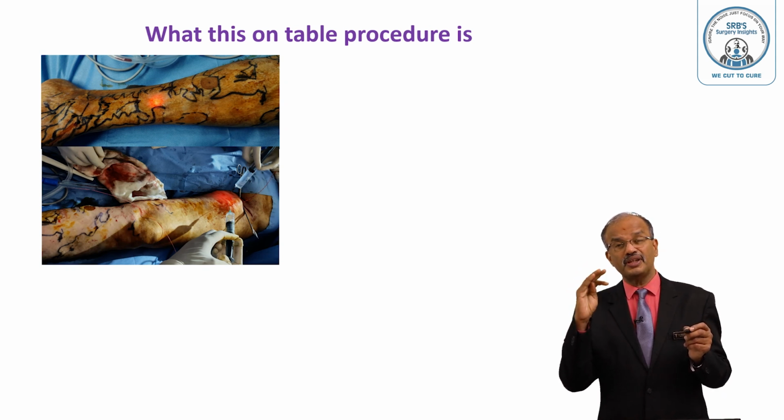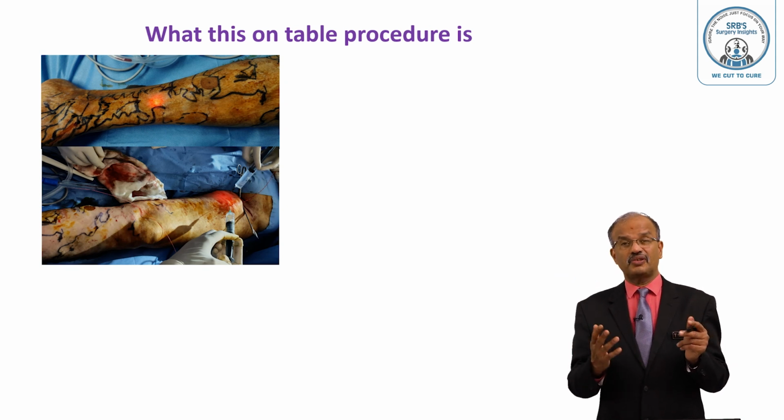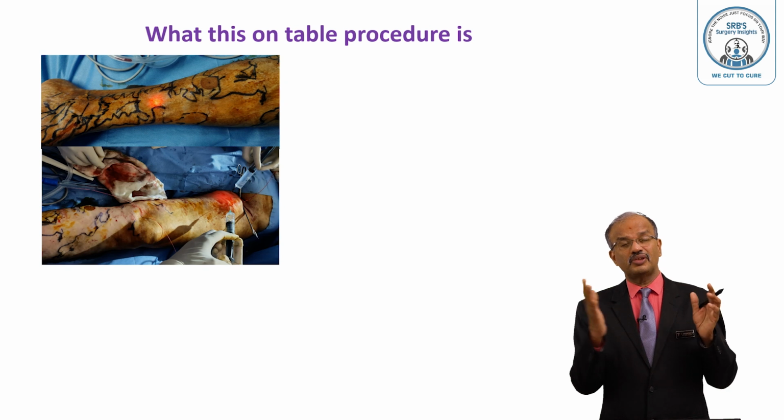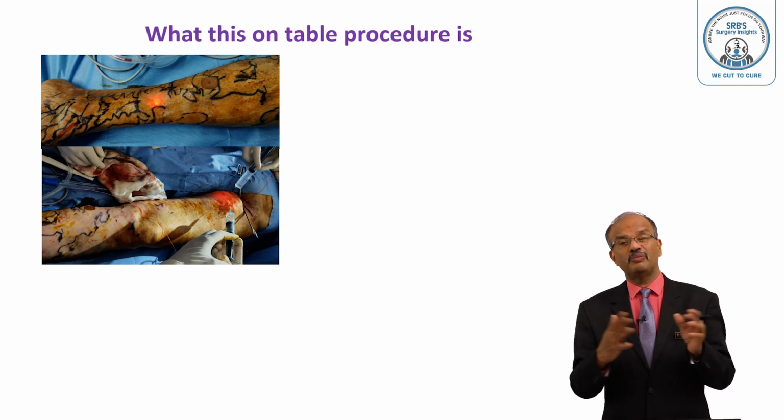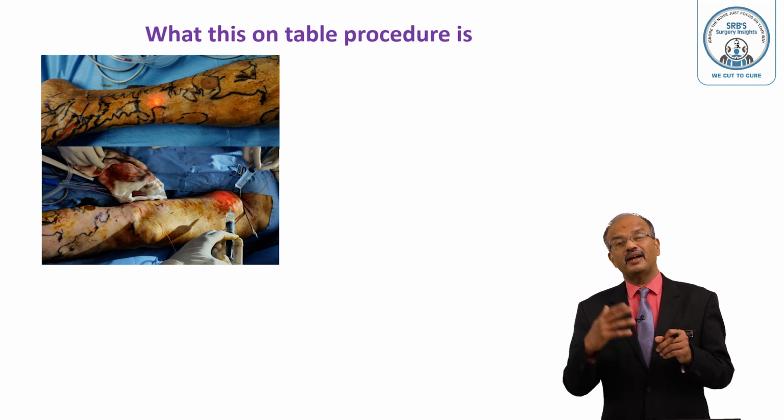Then we should inject saline with tumescent anesthesia, as it is called, because normal saline, soda bicarb, and lignocaine are mixed up. Sometimes very dilute adrenaline is also added.